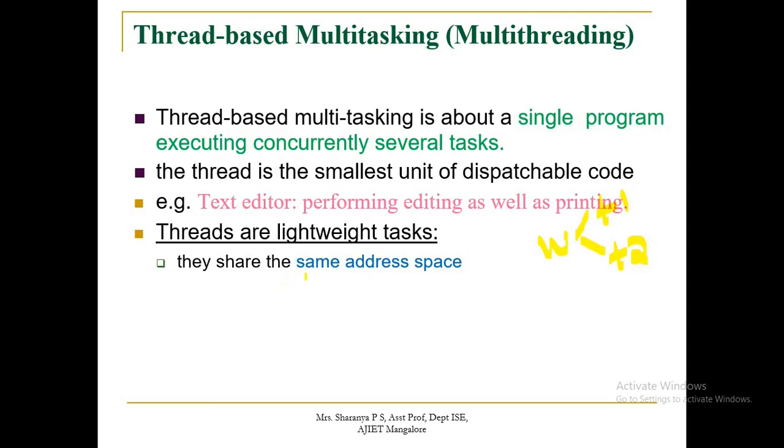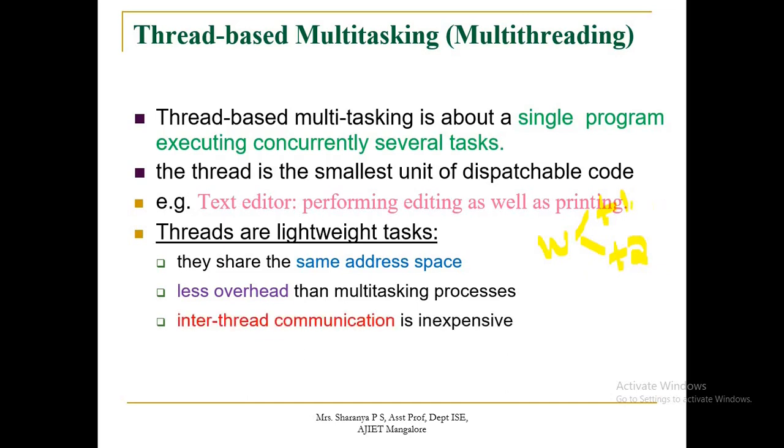So they share the same address space, that is T1 and T2. These two tasks are part of the same process, so they share the same address space. And obviously there won't be much overhead when it performs multitasking. That is, after T1 executes, T2 might start its processing.